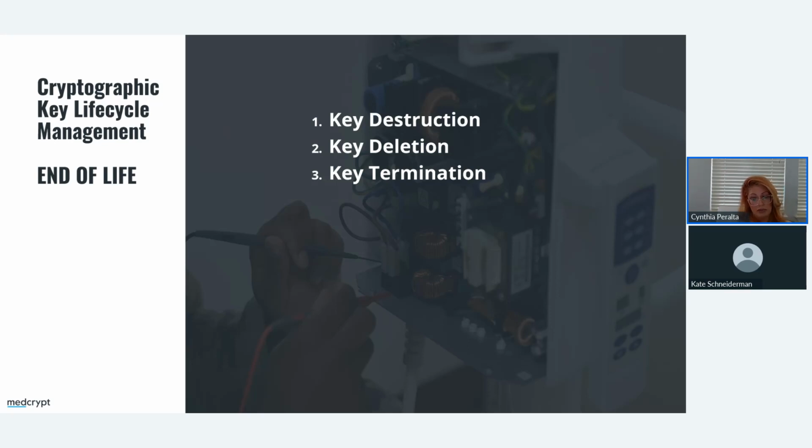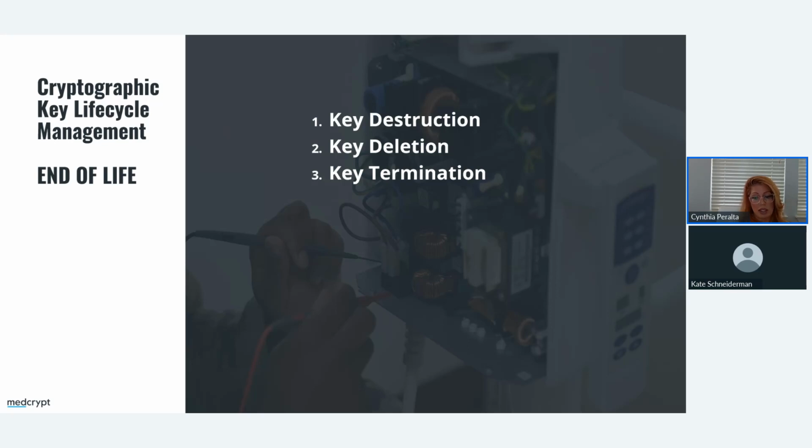There are 3 methods of removing a key from operation. Key destruction, which is the method that removes an instance of a key in one of the permissible key forms at a specific location. Information may still exist at the location from which the key may be feasibly reconstructed for subsequent use. Next, we have key deletion. This method removes an instance of a key and also any information from which the key may be reconstructed from its operational storage or use location.